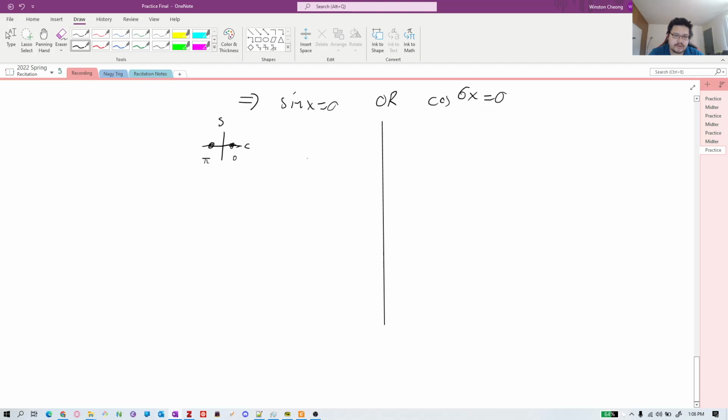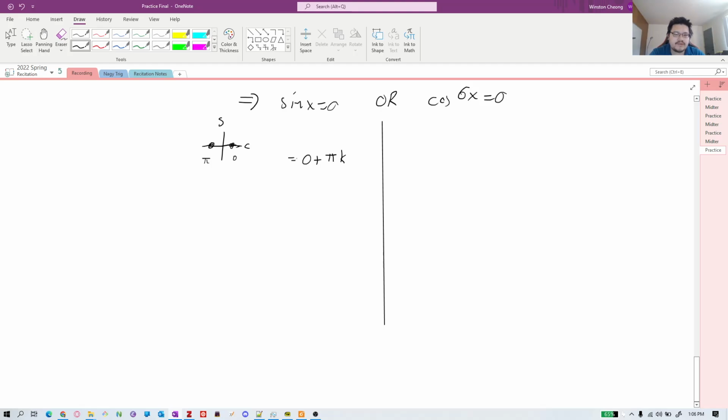We can just say 0 plus pi k. We can have the full circle revolution, and that will go. So you see that for odd values of k, you land on this left one, and on even values of k, you land on the right one. And so you alternate between the two when you increase your k.